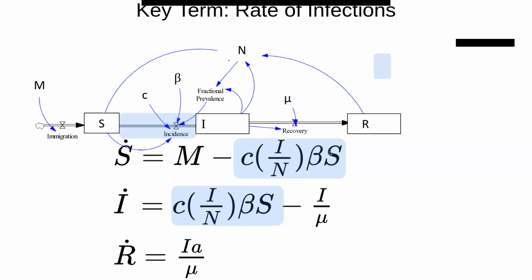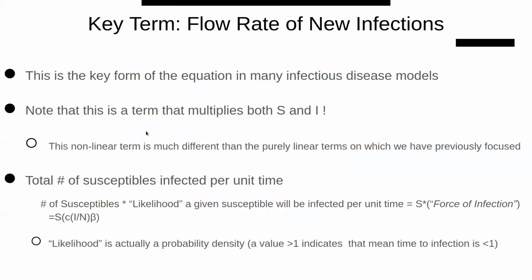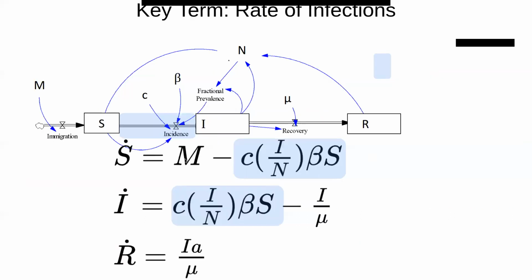And you can do this in two ways, either with S or I. Let's do it with S at first. If we look at this as C times I over N times beta, we could think of that as some probability per unit time collectively, and it's times S, the number of people in this state. So that's the C times I over N times beta, like this chance per unit time a given susceptible will proceed down this path, right? It's their force of infection, it's called, this force of infection.